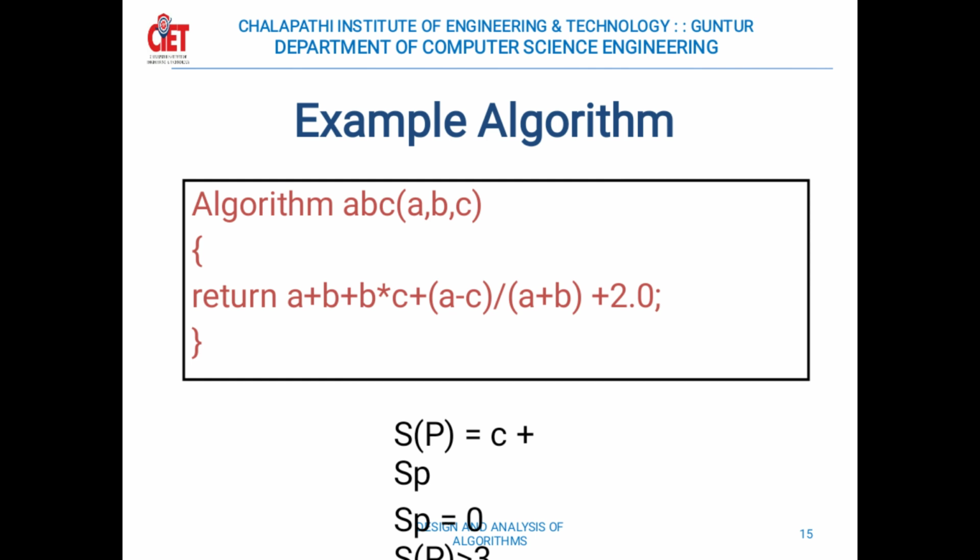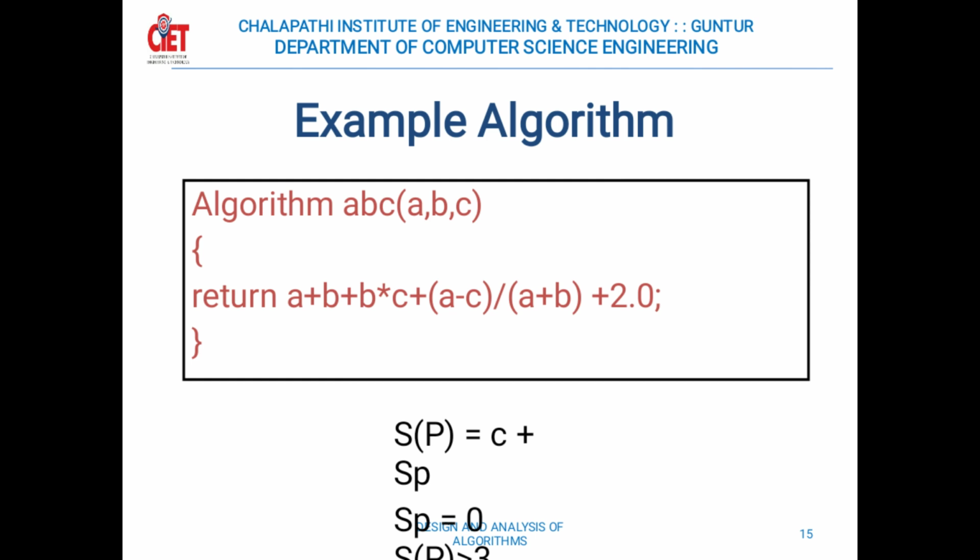Here we take one simple example algorithm, ABC. Here the algorithm performs some arithmetic operations on a, b and c. There are no instance characteristics; all are simple variables, and on those simple variables we perform some arithmetic operations. There is no dependency, there is no instance variable.